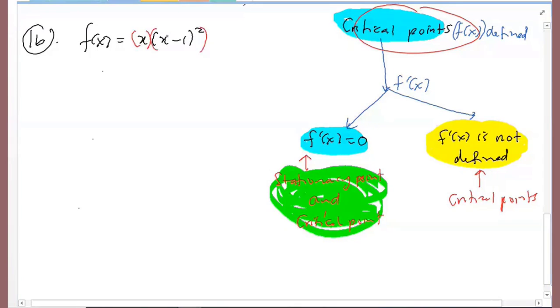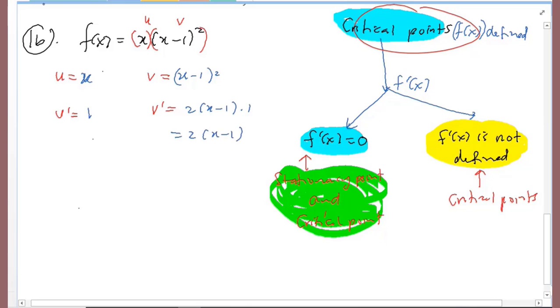Okay, so this is u v. We need u prime and v prime. u is x, and v is (x minus 1) squared. Differentiating x gives 1, and differentiating (x minus 1) squared gives 2(x minus 1).